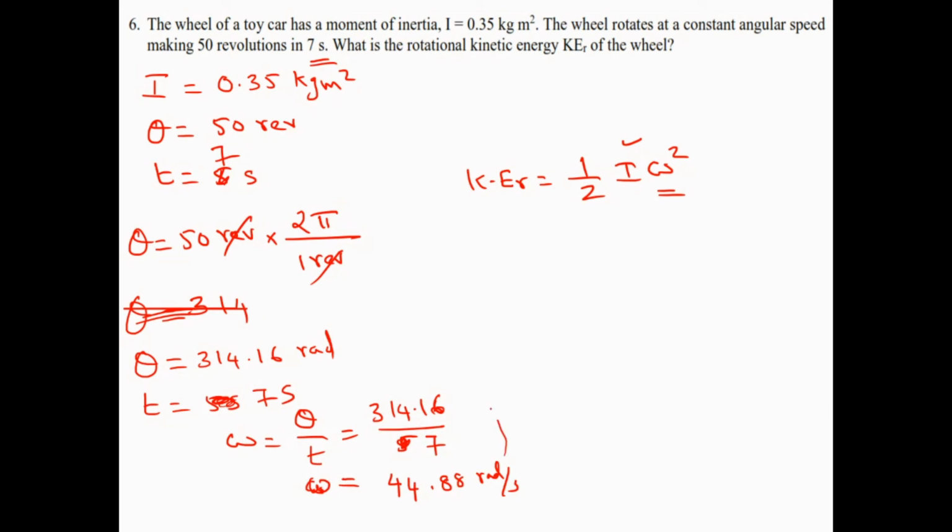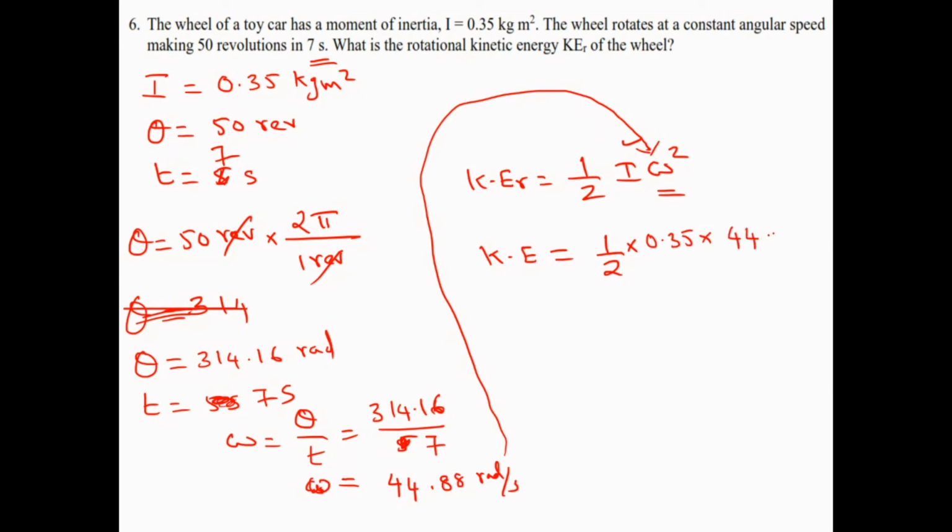Now I'm going to take this omega value and substitute it here, because we are going to find the kinetic energy of the rotational wheel. So half multiplied by I, which is 0.35, and omega, which we just found as 44.88, squared. So 1 over 2 multiplied by 0.35 multiplied by 44.88 squared.